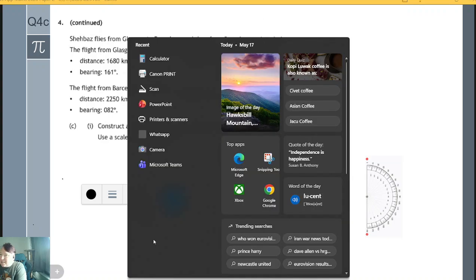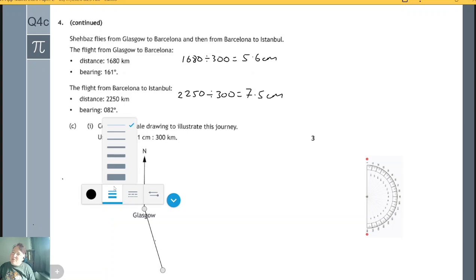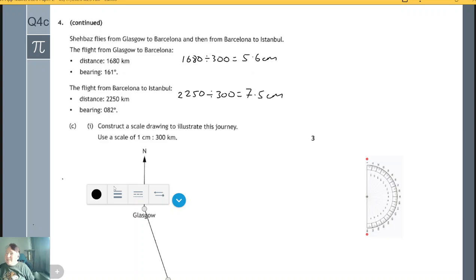What you can't see is I've got a ruler on my drawing pad. I just can't get it low enough. No, I'm going to have to estimate that. Right, okay.